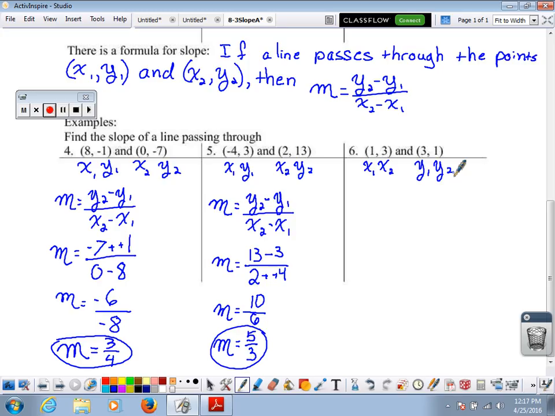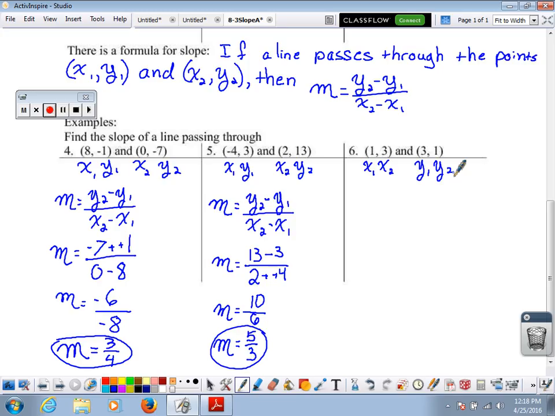If we look at these 2 points, this one just has x's, this one just has y's. Well, that would mean 1 step to the right and then 3 more steps to the right. And this would be 3 steps up and then 1 more step up. And that doesn't make a whole lot of sense.